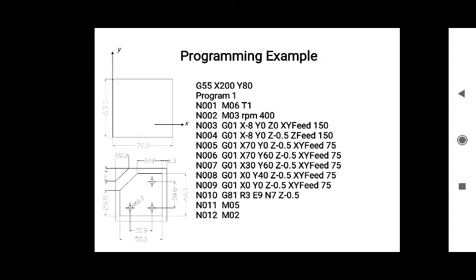Now the next block, N003: here G01 is for linear interpolation, X minus 8 Y0 Z0, XY feed 150. That means the tool is going to the safe position with a feed of 150 mm per minute.